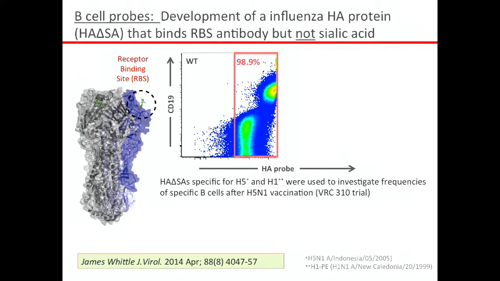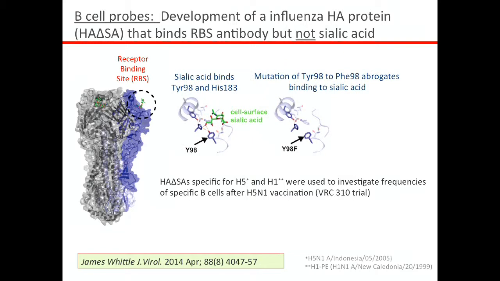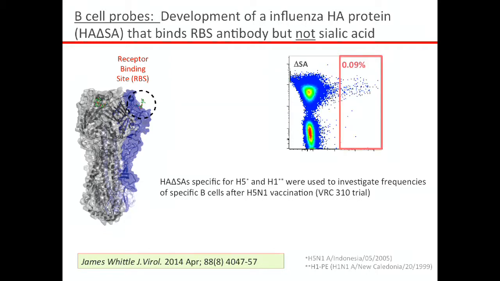If you just use regular HA like you would find on the surface of a virion, what you actually get is you stain every single B cell, because every single B cell has sialic acid on it. However, if we mutated tyrosine at position 98 to a phenylalanine, then we can abrogate sialic acid binding completely, and these cells now represent the antigen-specific cells.